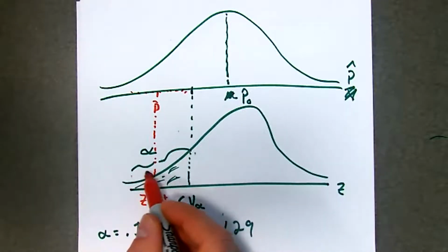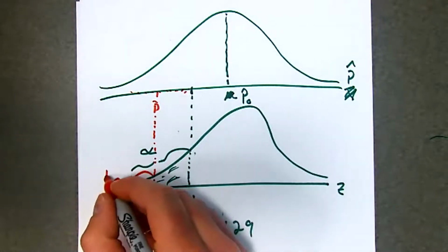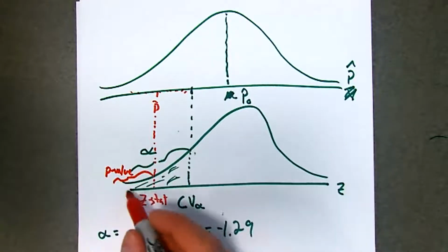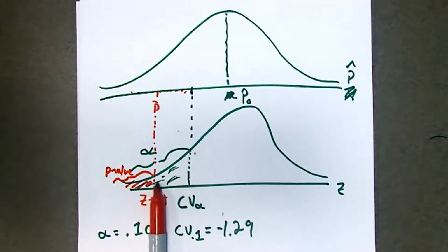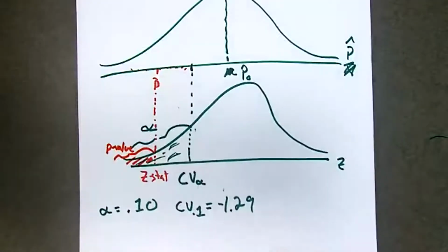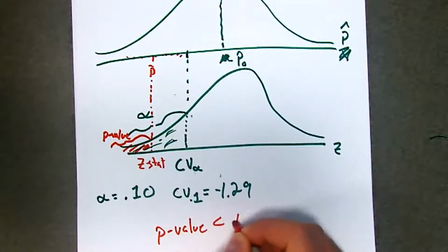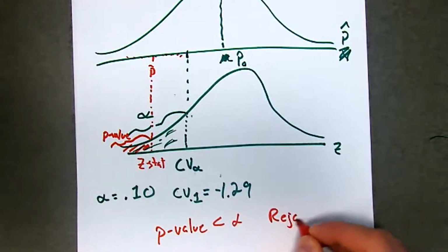And if I calculate the p-value, the area to the left of any test statistic in this range is going to be a p-value that's less than alpha. So really we're comparing different sides of the same coin. Before with the p-value approach, I said if my p-value is less than alpha, I reject.